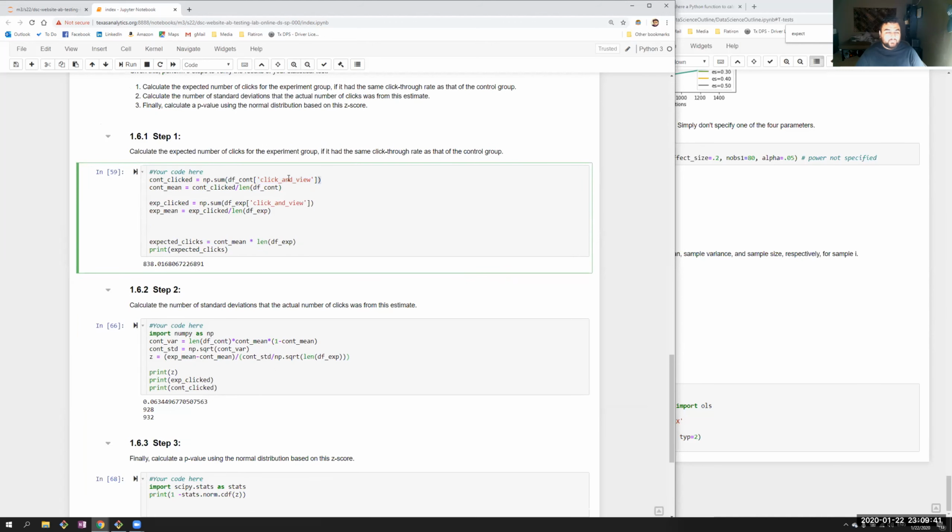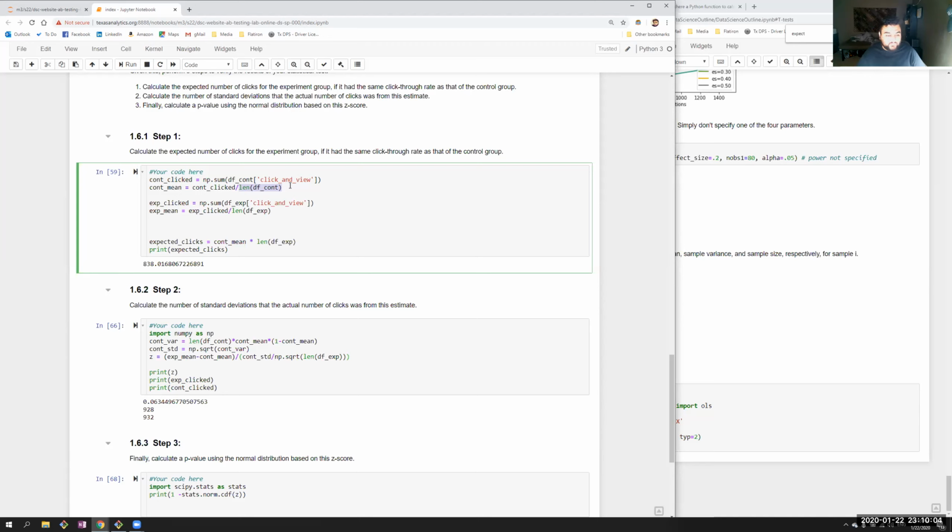So that gives us the number of members in the control group who clicked after viewing. The control mean is that number divided by the length of all members in the control group, which gives the rate of clicks. Out of every 100 people, roughly 27 will click.